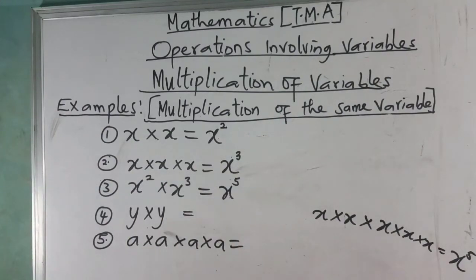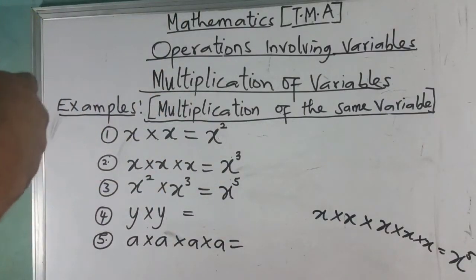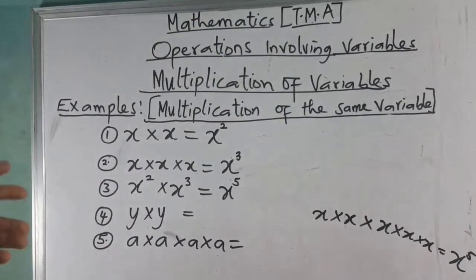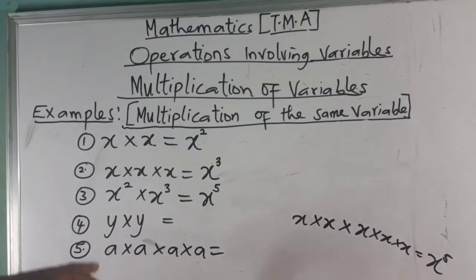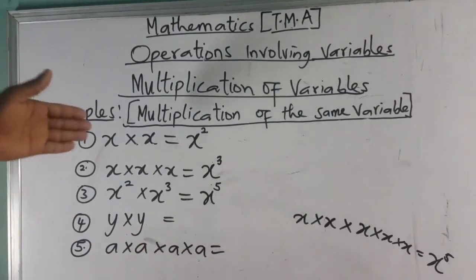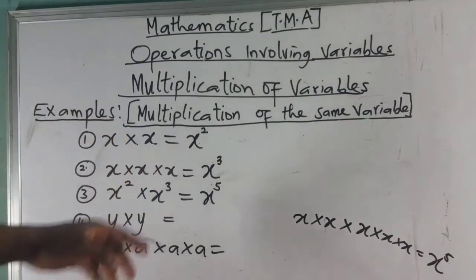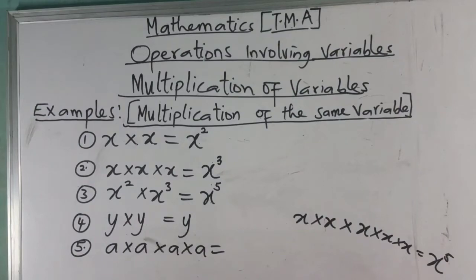The same thing is applicable to other variables that are not x. They can be any letters, but because they are the same variables, like y times y, they are the same thing. So the same law is applicable, and that's why we pick one and represent the number of times it appears as a power.